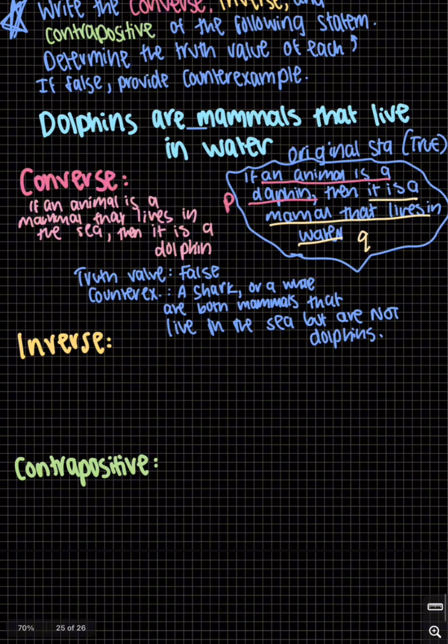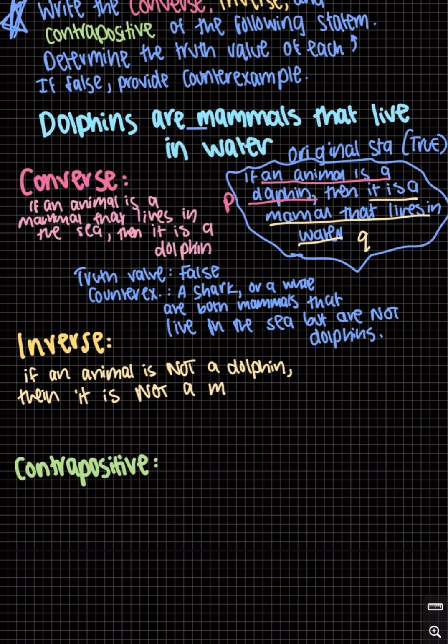So the negation of P, I'm going to rewrite it as: if an animal is not a dolphin, then it is not a mammal that lives in the sea. So now I've successfully written my inverse statement.